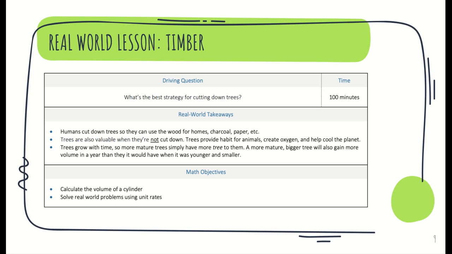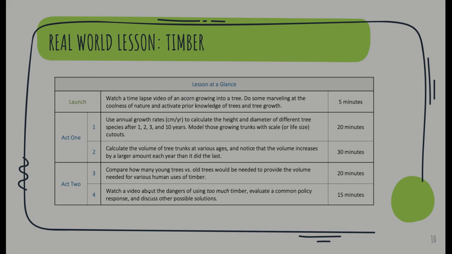They'll learn that humans cut down trees so they can use the wood for homes, charcoal, paper, etc. However, trees grow with time, so mature trees simply have more tree to them. A more mature, bigger tree will also gain more volume in a year than it would have when it was younger and smaller.